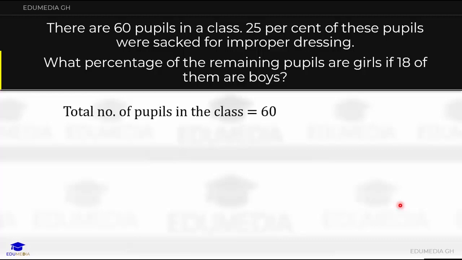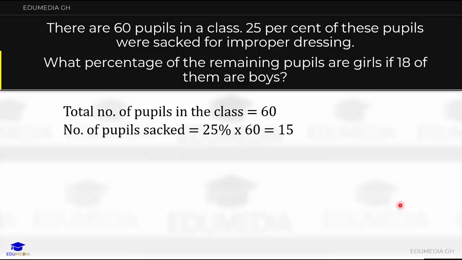We also know that the percentage of people sacked from the class for improper dressing is 25%, and it's 25% of the total number of people in the class. Hence, we can go ahead and compute that. That's 25% times 60, and that means we have 15 pupils that were sacked out of the class.